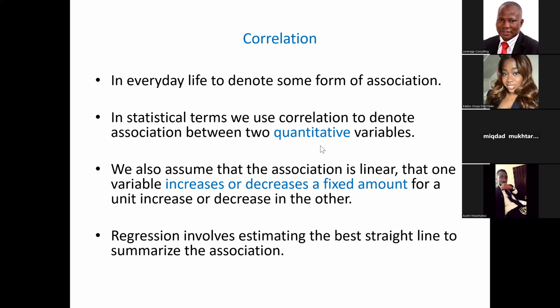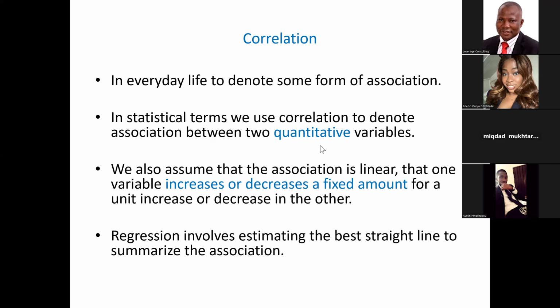You see whether there is any change, in the same or the opposite direction. For age and weight of a child, it has to be positive, in the same direction. As the age increases, the weight is supposed to increase.